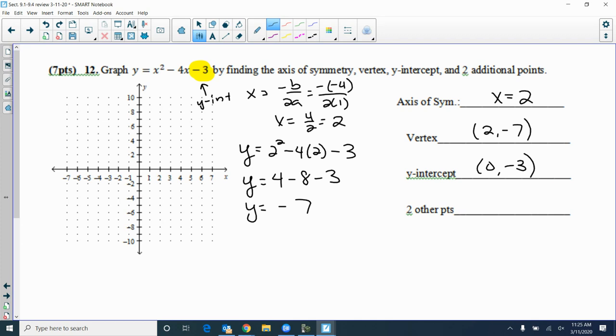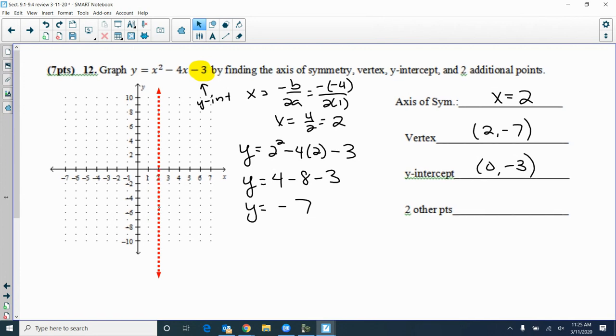We have to draw a dotted line at x equals 2 all the way down. The vertex has to be on the axis of symmetry. It is (2, -7), so you put a dot there. And the y-intercept is (0, -3).